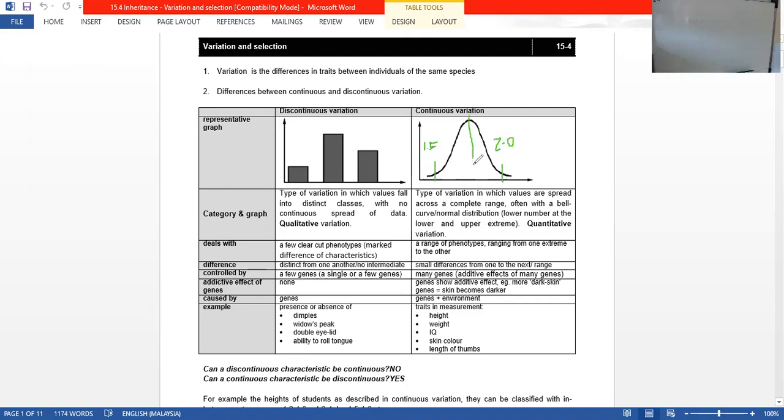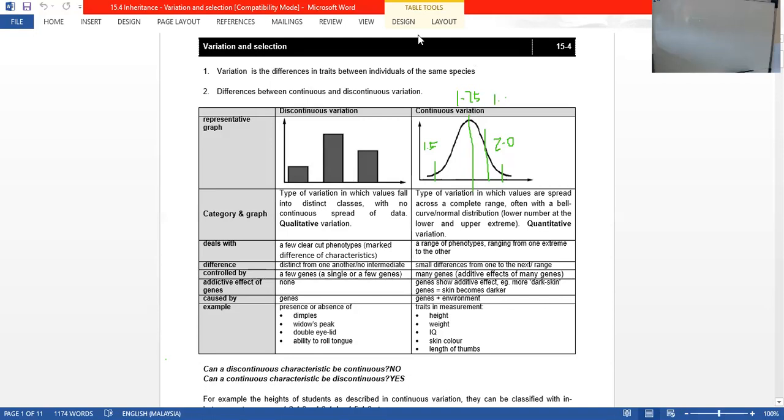In between them is 1.75. So you just take 2 plus 1.75, then divide by 2, and you get 1.875.